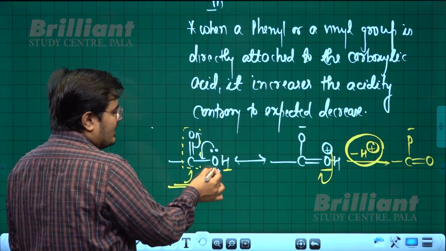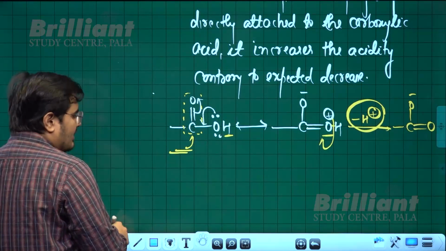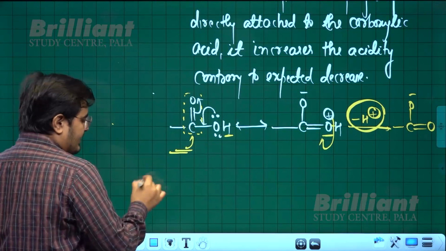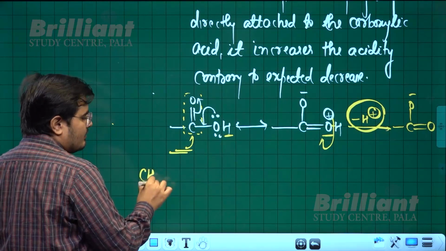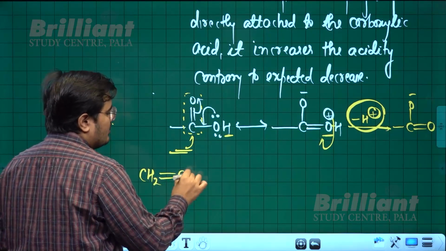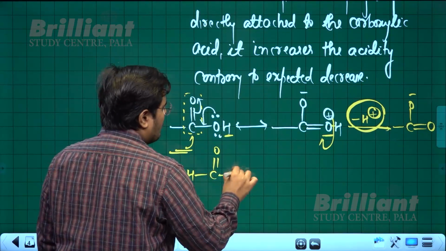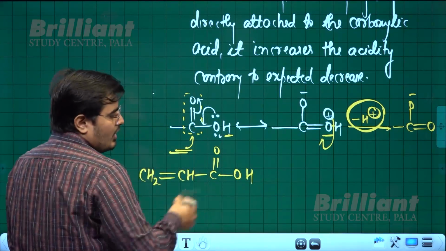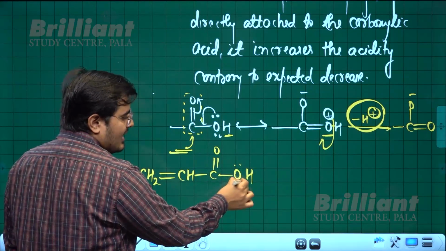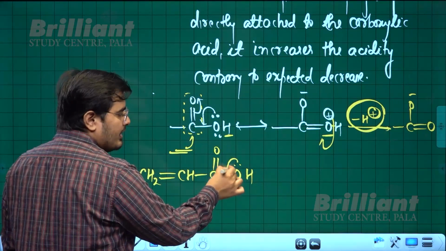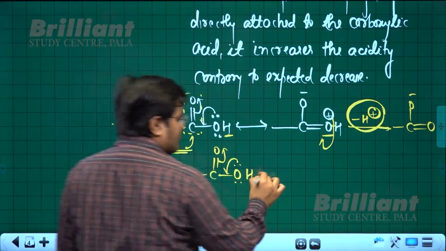Now let's try to understand what will happen if you put a vinyl group. Let's say my vinyl group is CH2=CH-C(=O)OH. Now we know this resonance is as usual, which is going to make it more acidic.